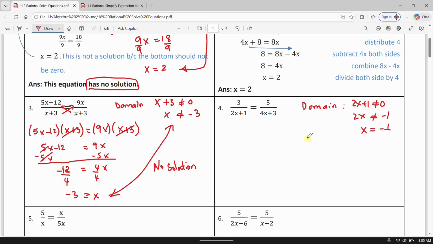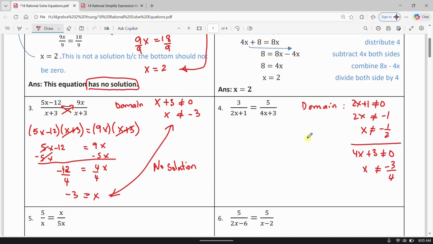It cannot be equal to negative 1 half. So that's one. And then we're going to find another denominator. It cannot be equal to 0. Same thing, so x cannot be negative 3 over 4. So those are the two x restrictions. You cannot have those two x's.